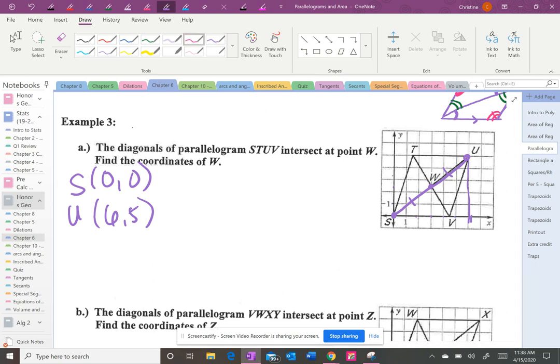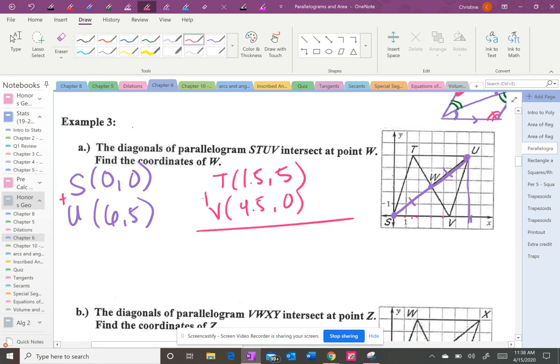Or you could do from T to V. T is at 1.5, 5. V is at 1, 2, 3, 4.5, 0. So either way, I would probably just stick with this one.